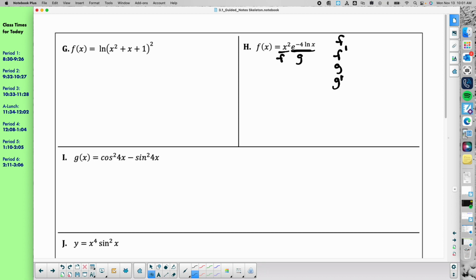G prime is where you're going to need the inner and outer information. F prime is just x's, so that one is straightforward. See if you can figure out H. Find the derivative. I'll do it with you at the end here. I haven't done it, I have no idea what the answer is.